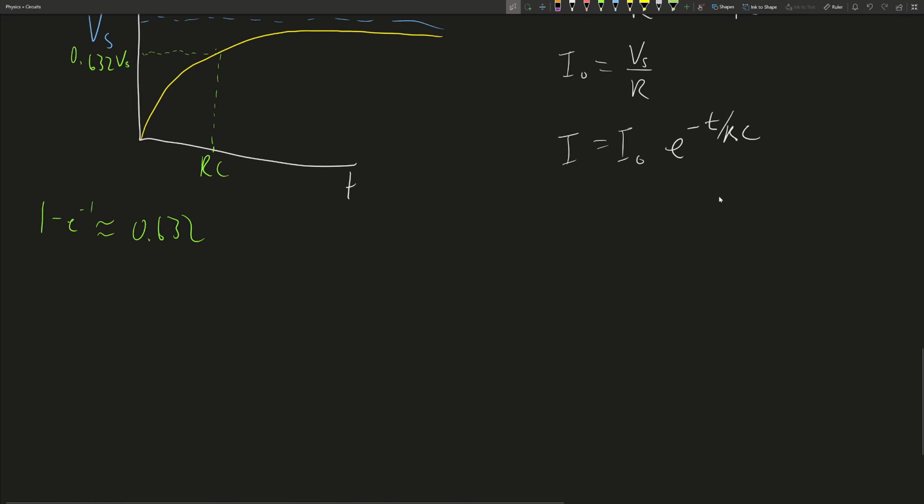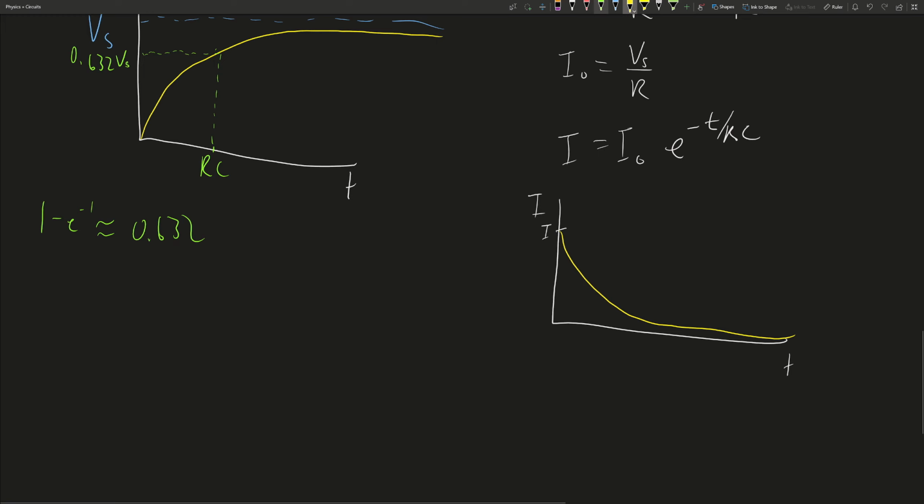Okay, so now if we graph this, graphing current over time, we can see that this current starts at this I0 value, and then it will slowly exponentially decay to 0 as time approaches infinity. Again, the limit is going to be 0 as t approaches infinity, but it never actually reaches there. It just gets really close.